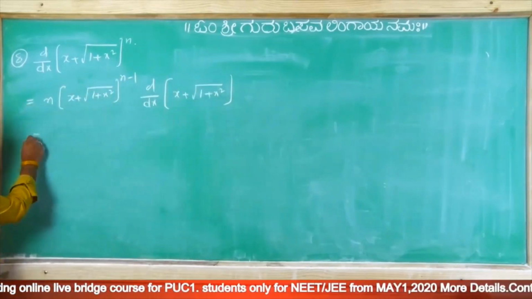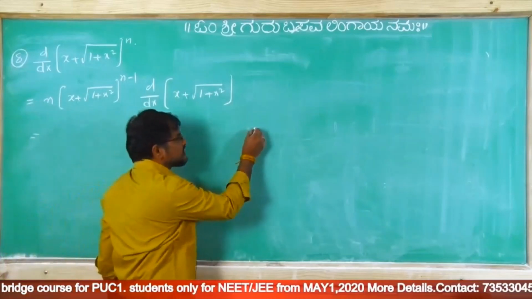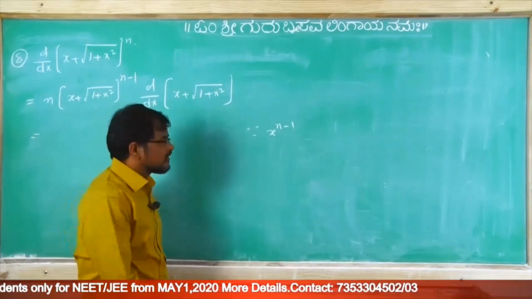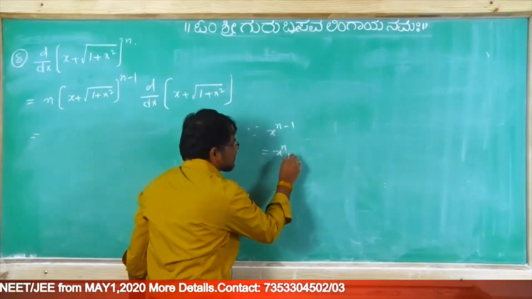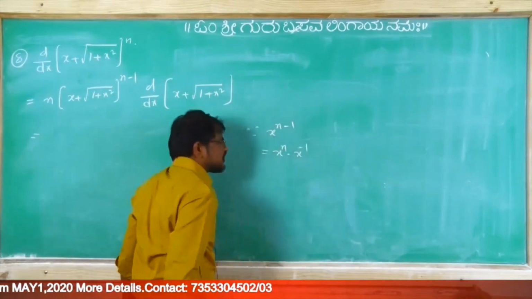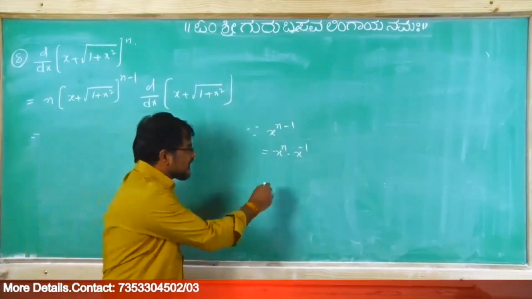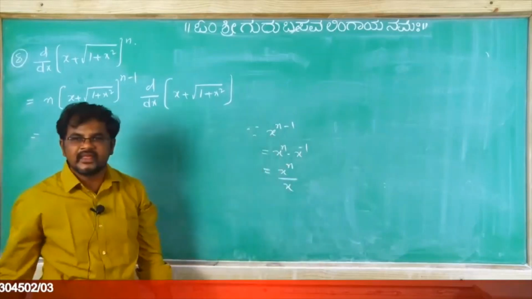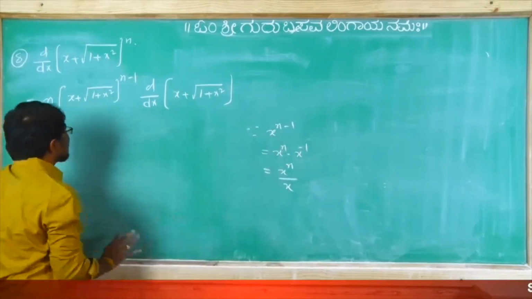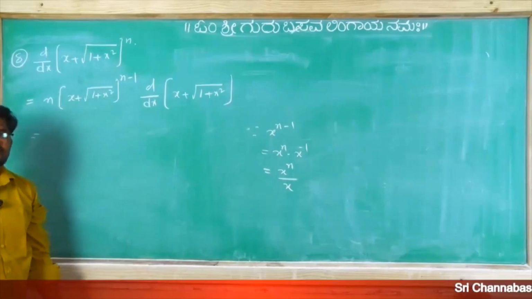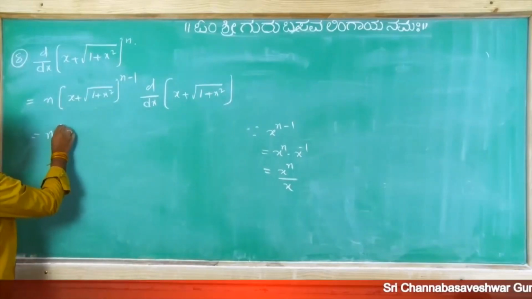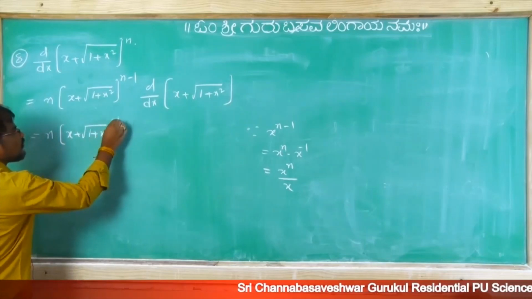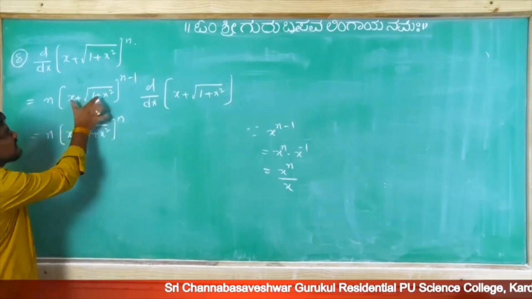Can you write this as x to the power of n minus 1? x power n into x power minus 1. Same concept I am applying for this one. Here n into x plus root of 1 plus x square whole power n, and same here minus 1 is there.